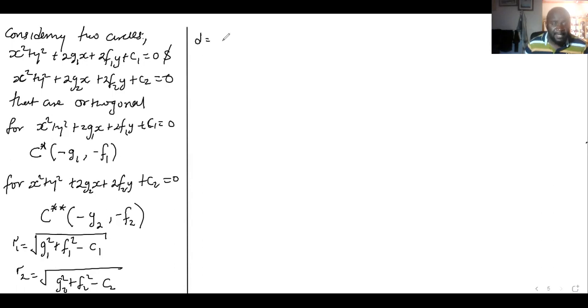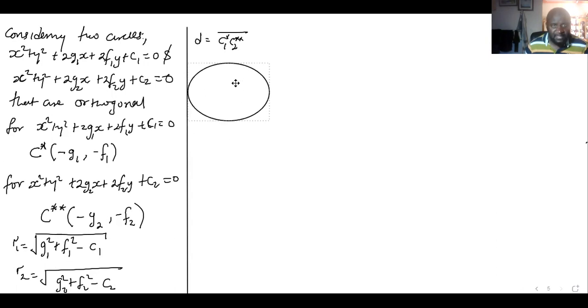Remember, D is the magnitude of C1*C2*. So in that sense, what is C2 and C1 double star? We have seen, let me show you this with illustrations.